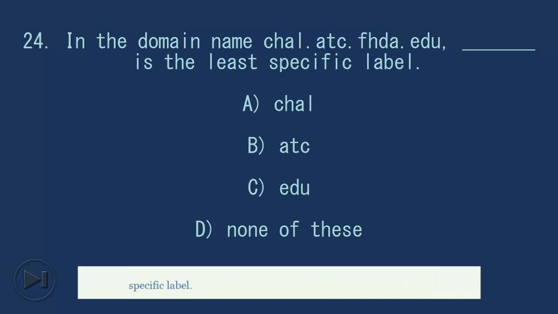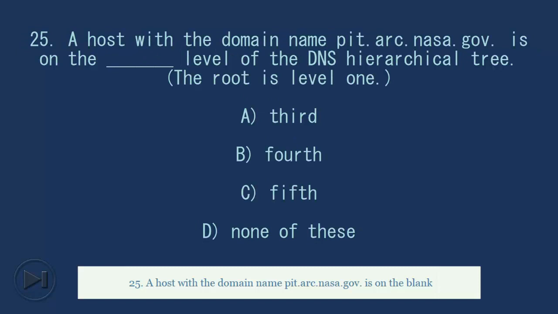24. In the domain name chal.atc.fhda.edu, blank is the least specific label. A. Chal. B. ATC. C. EDU. D. None of these. Answer, C. EDU. 25. A host with the domain name pit.arc.nasa.gov is on the blank level of the DNS hierarchical tree.